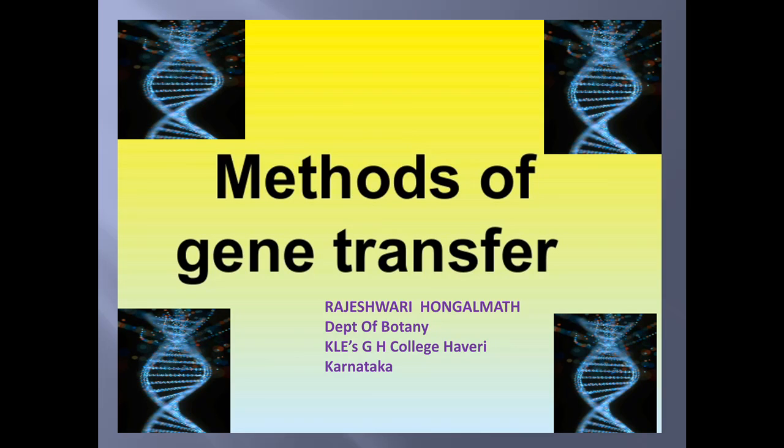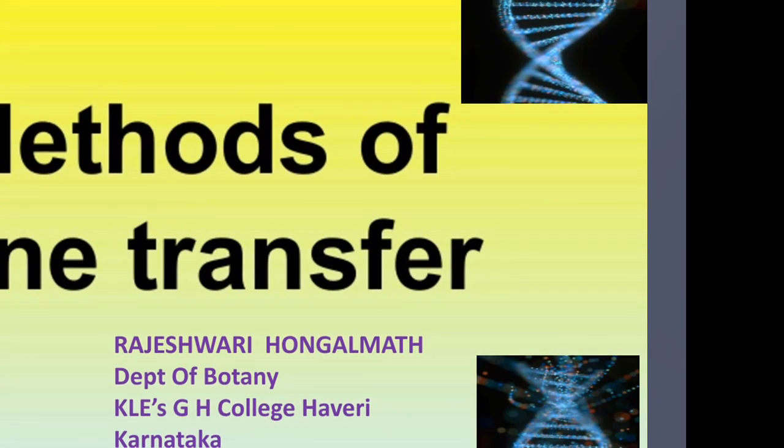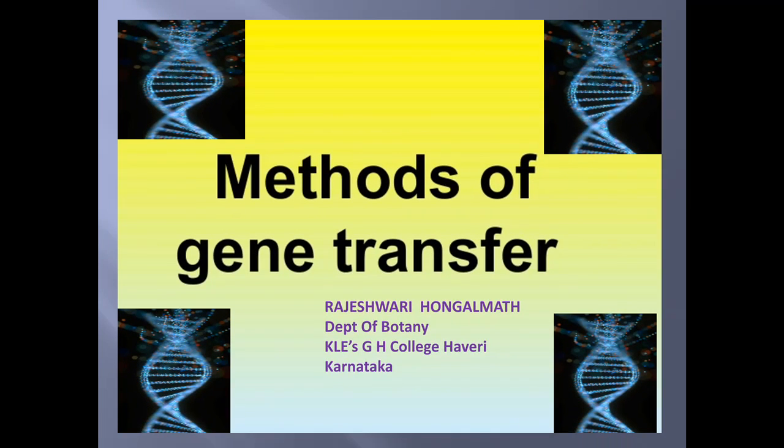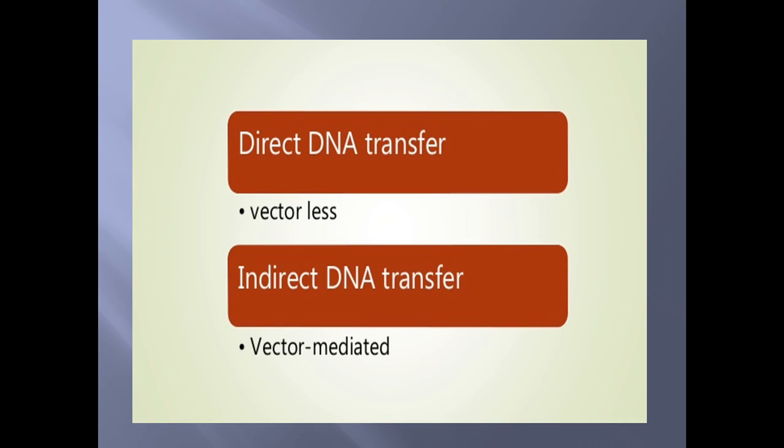So in this aspect, we will mainly be discussing the methods by which DNA is transferred into other organisms. Coming to the methods of DNA transfer, there are usually two methods followed. The first method is the direct transfer of DNA, which is called vectorless transfer of the gene or DNA.